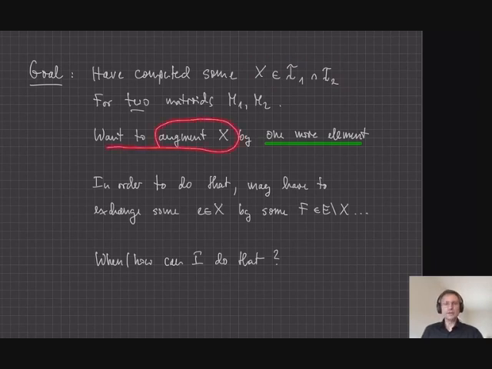We would like to add new elements to X one by one, but we could be hindered by adding new elements due to the fact that whichever element I would like to add to X, it either becomes a dependent set with respect to one or the other matroid, or maybe both.